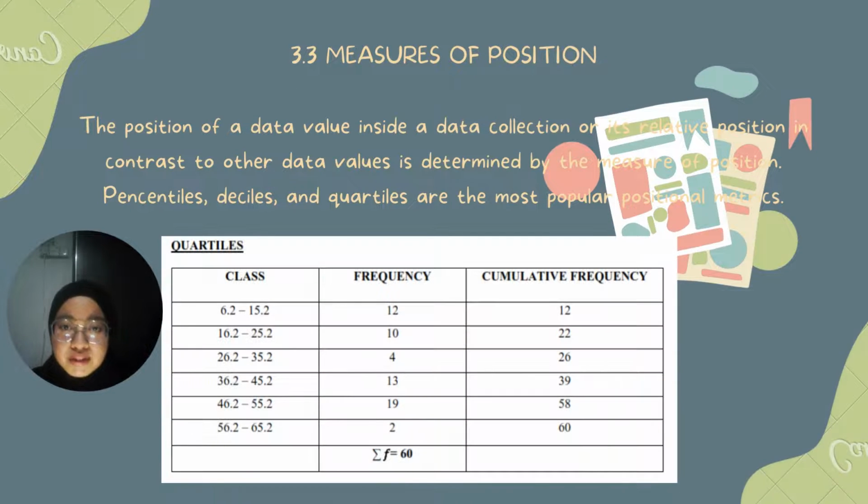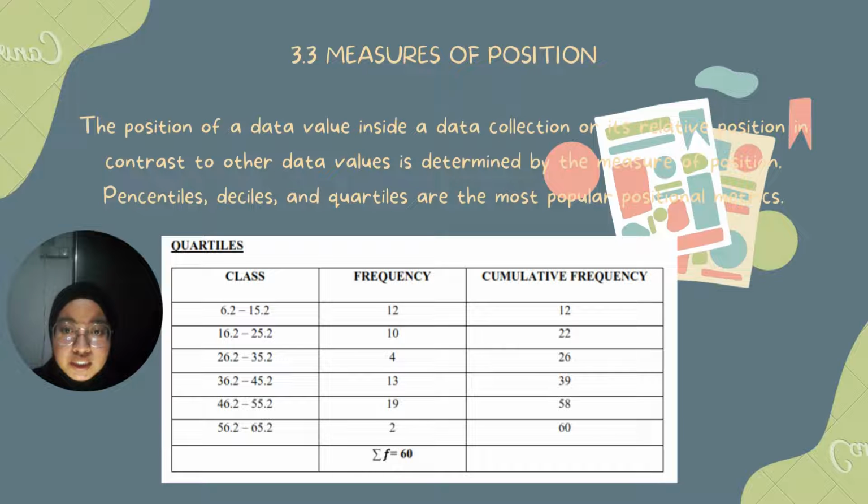Okay, next we will see the measure of position. The position of a data value inside a data collection, based on its relative position in contrast to other data values, is determined by the measure of position. Percentile, decile, and quartile are the most popular position metrics.